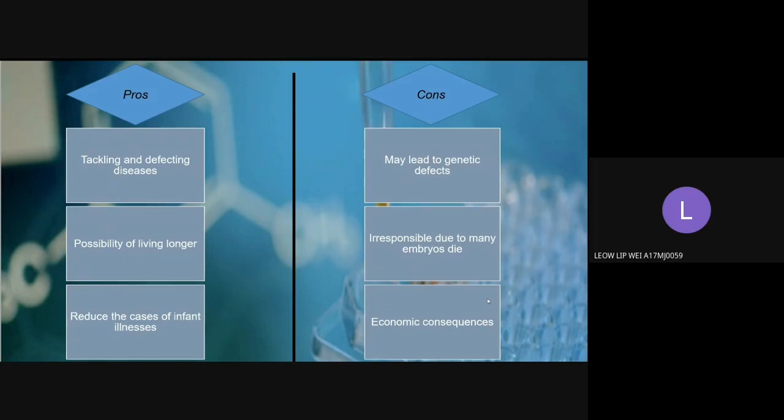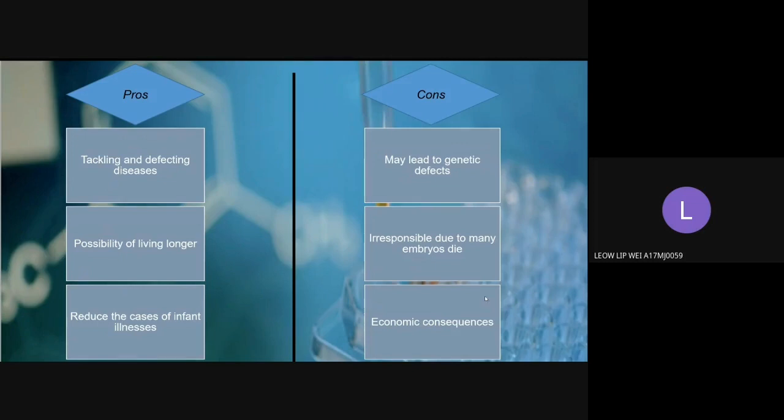The second is the possibility of living longer, thanks to the technology and modification brought about by bioengineering. Next is reducing the cases of infant illnesses, where bioengineering helps in eliminating infant illnesses.